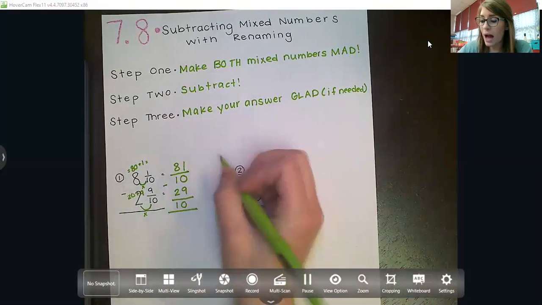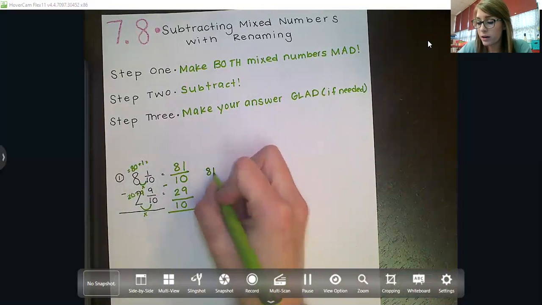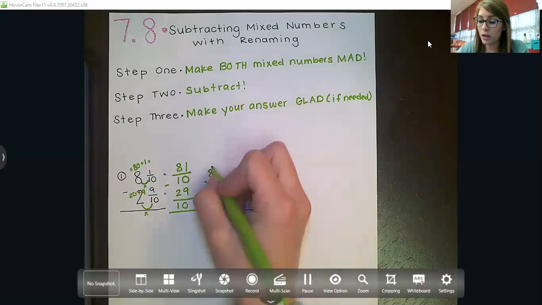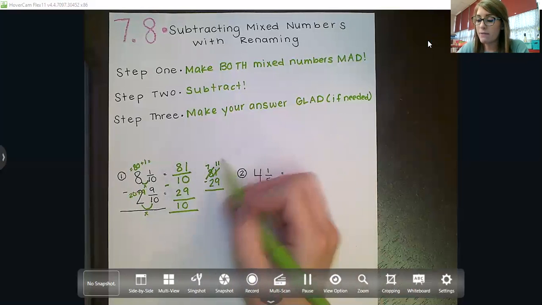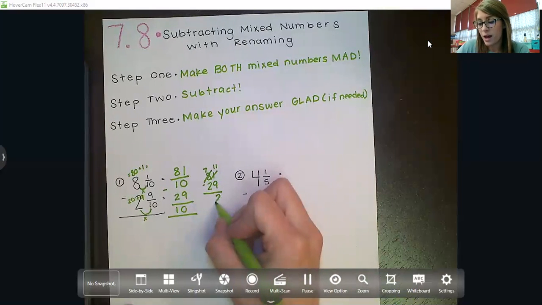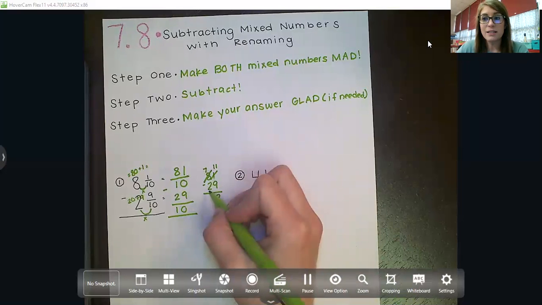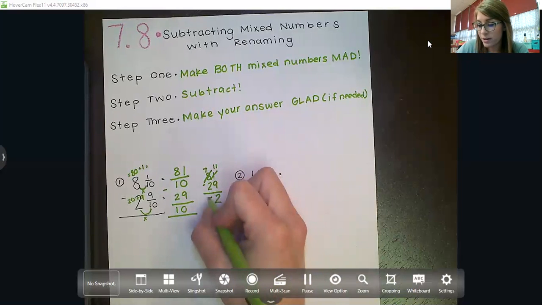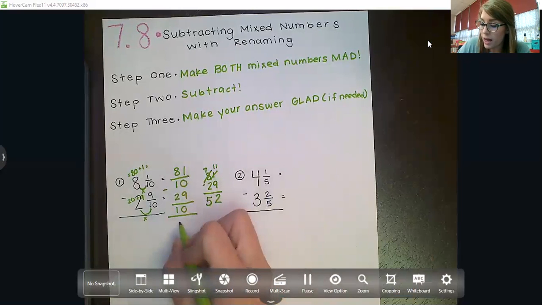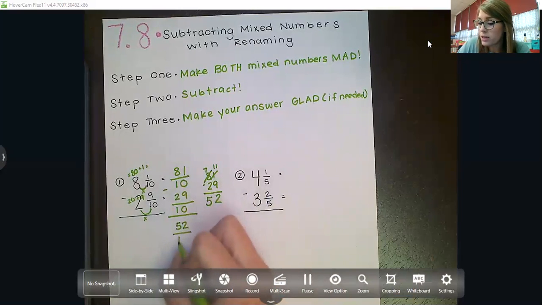I'm going to pull this over here so it's easier to work out. 1 minus 9 we cannot do, so we're going to borrow. 8 will become 7, 1 will become an 11. 11 minus 9 gives us 2. And then 7 minus 2 gives us 5. So 81 minus 29, we've got 52 tenths.